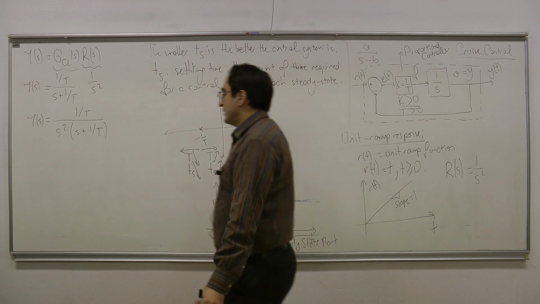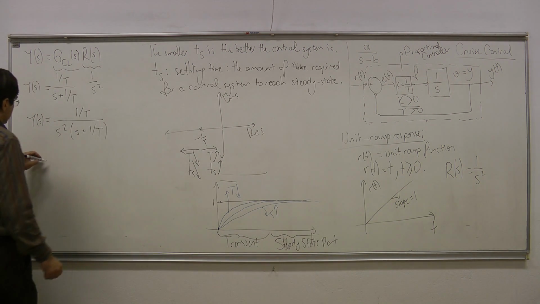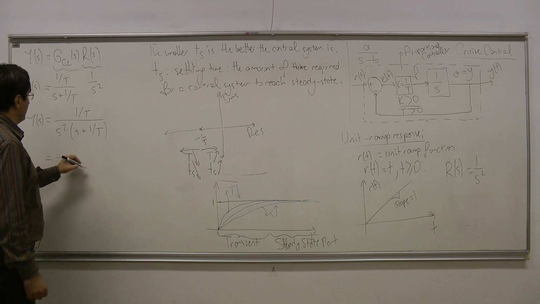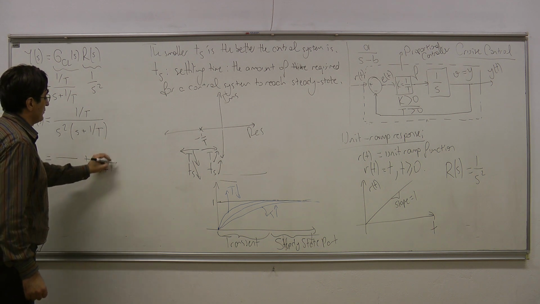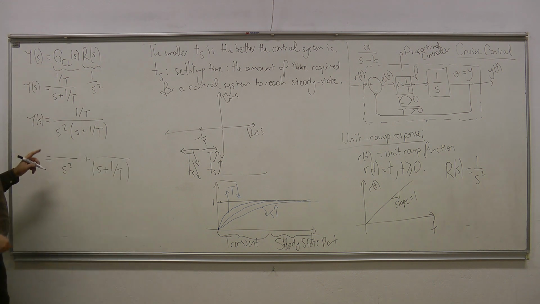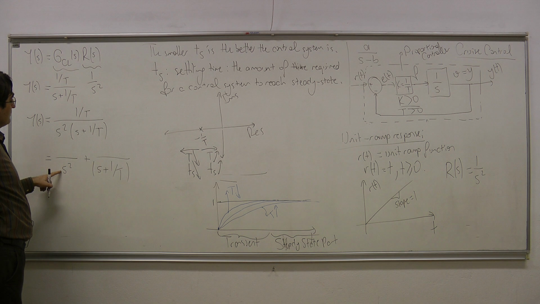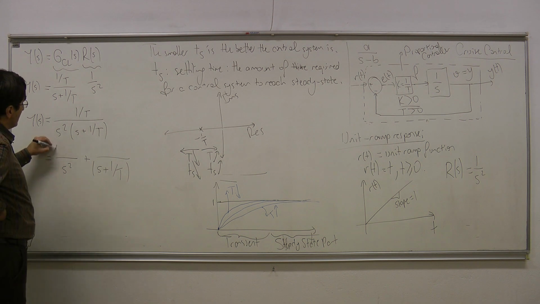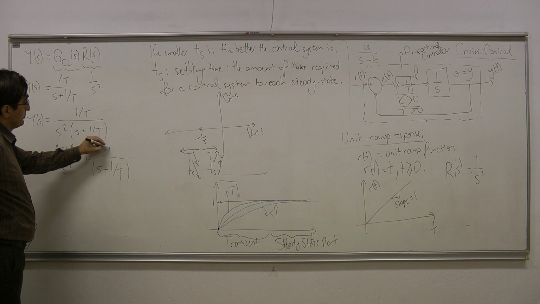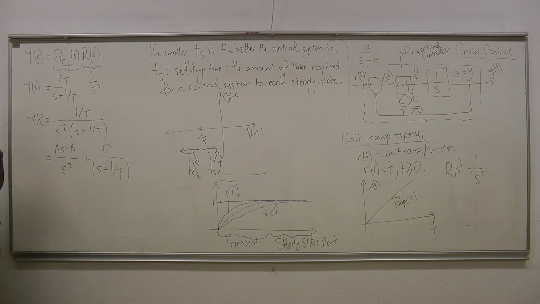So now let us apply partial fraction expansion to this. Remember, the first term is going to be s squared, and the second term is going to be s plus 1 over T. And remember what we were doing in the partial fraction expansion: if I have an s squared term here, then I put a first order polynomial here, as plus b, and here I need to put a 0th order polynomial, which is going to be c.